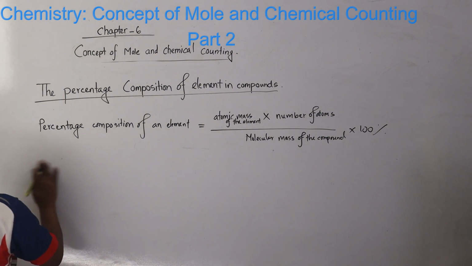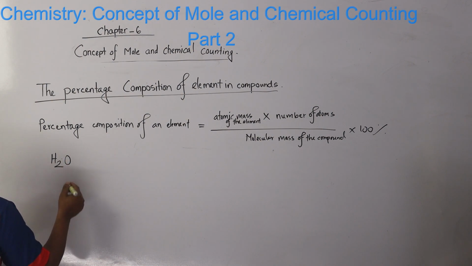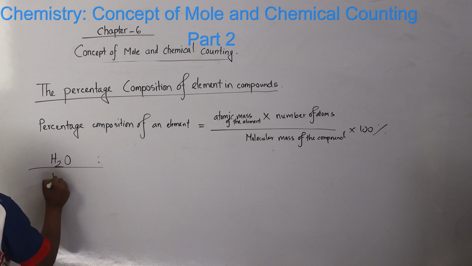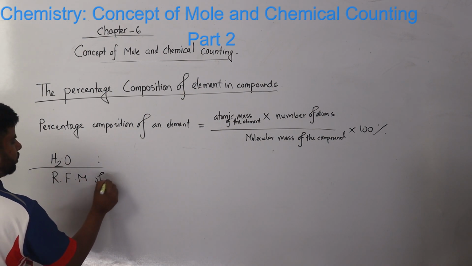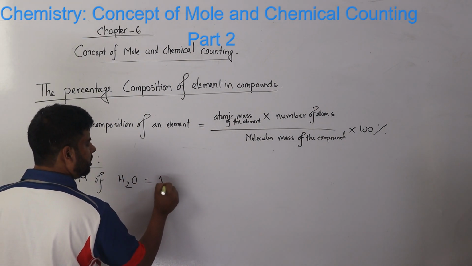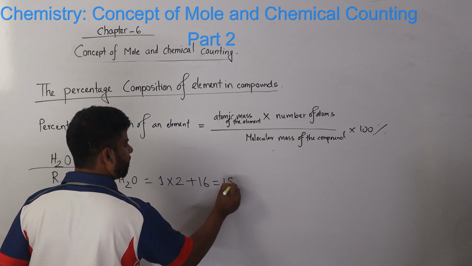Say water. The relative formula mass of water is equal to hydrogen 1, and there are 2, plus 16, so 18.